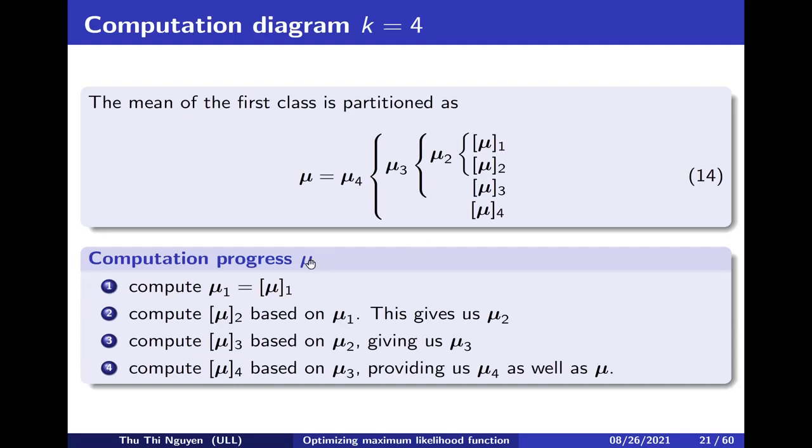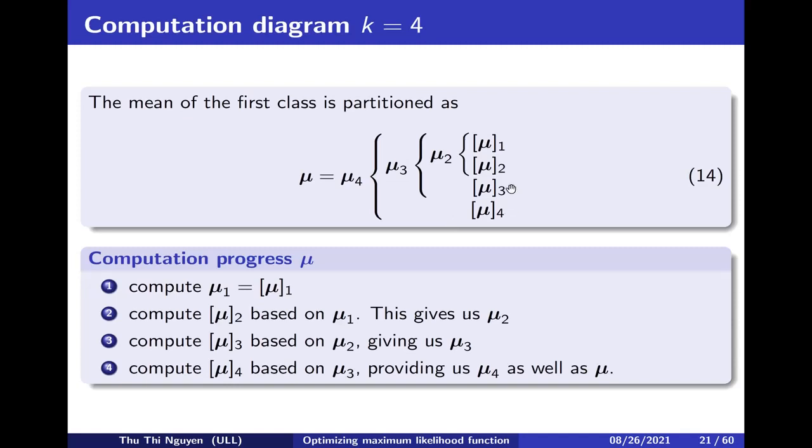To estimate mu, we will first estimate mu 1, which is equal to mu bracket 1, and then we will estimate mu bracket 2 based on mu 1, and this gives us mu 2, which is this part.